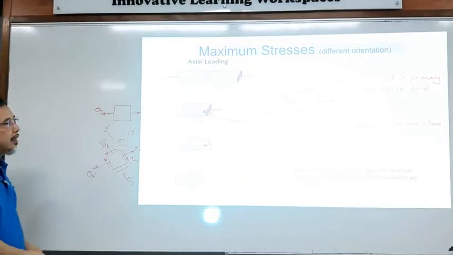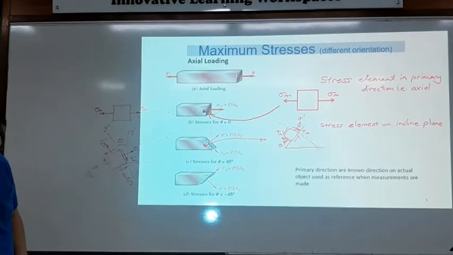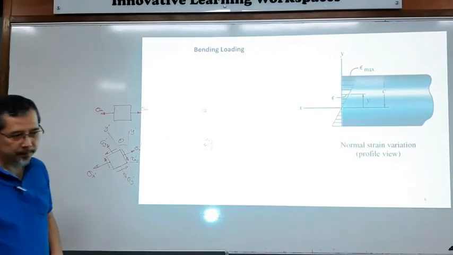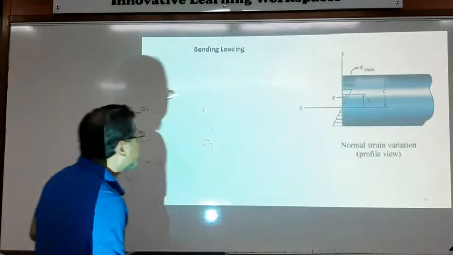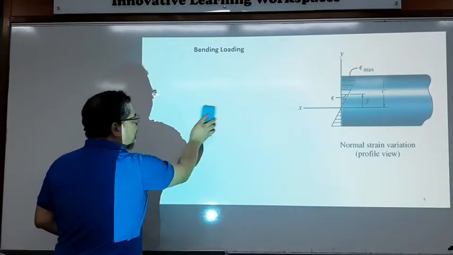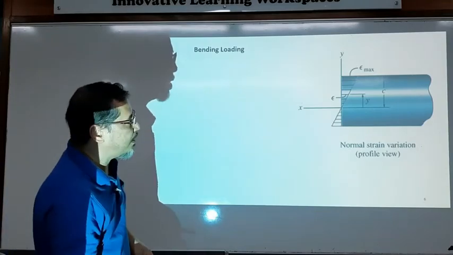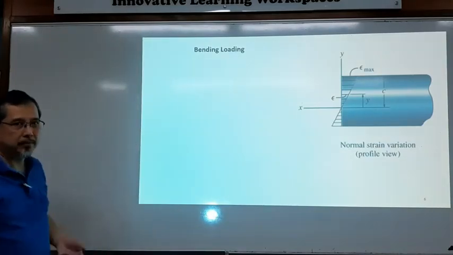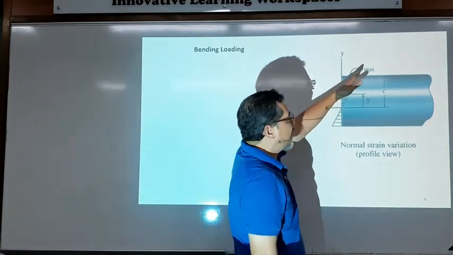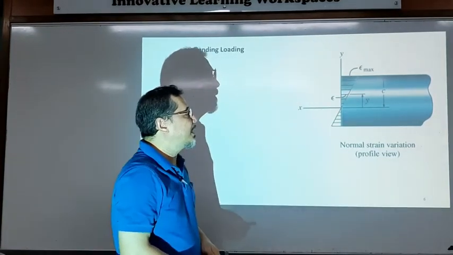So we have complementary shear stress all around the stress element. Similarly, if we have a bending loading, we just have an object and we bend, just pure bending. Then we find that the strain will be distributed linearly.